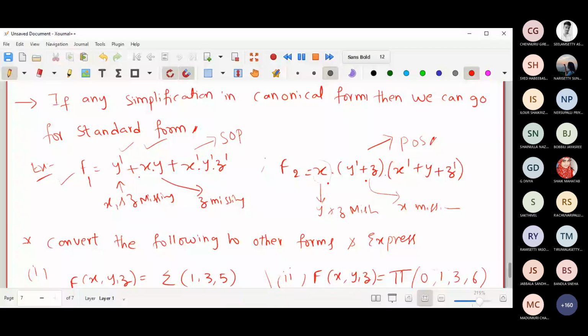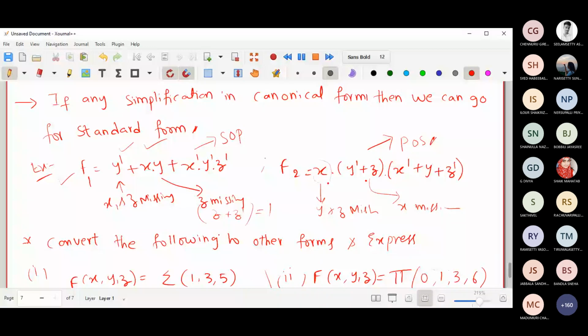You include z by using a Boolean law: z plus z bar. What is z plus z bar? 1. If I write z plus z bar, that makes no difference.